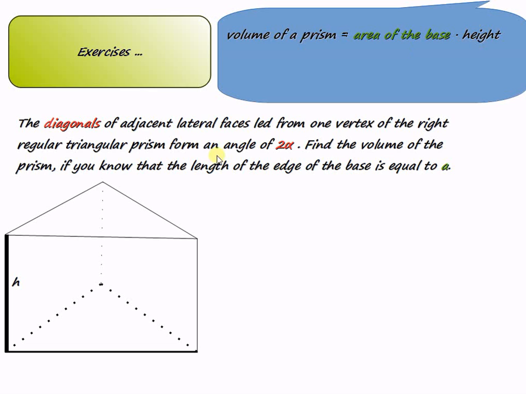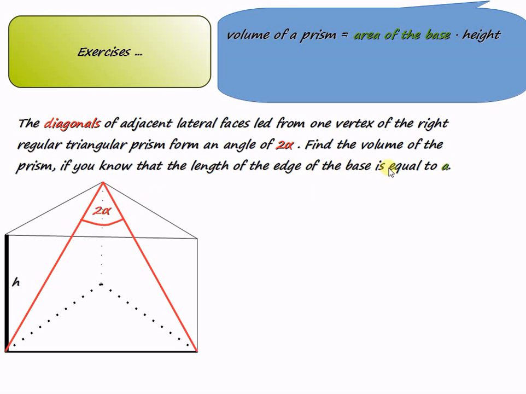So let's determine which values we already have. Certainly we know the measure of an angle led from the common top vertex to the opposite vertices on the bottom, which is equal to 2 alpha. So let's draw the arms of that angle.